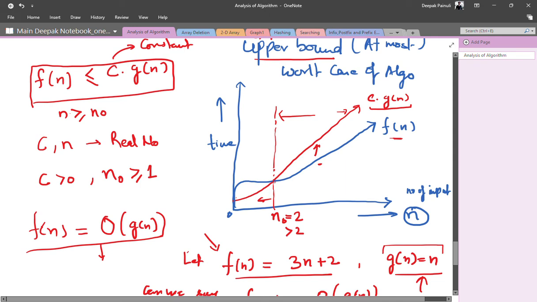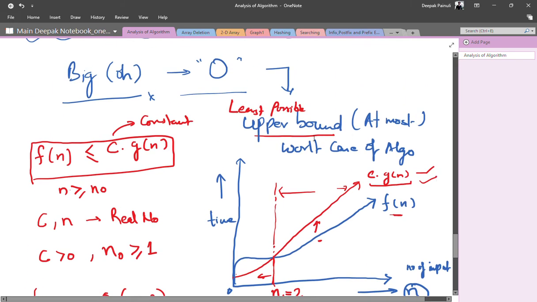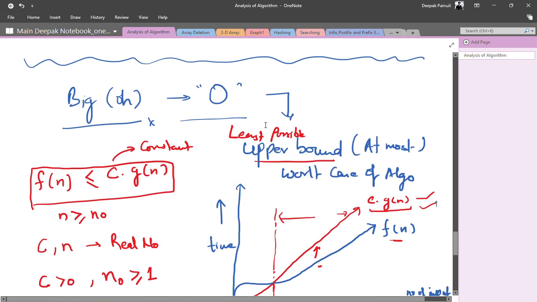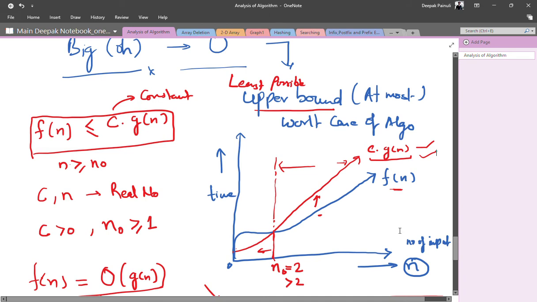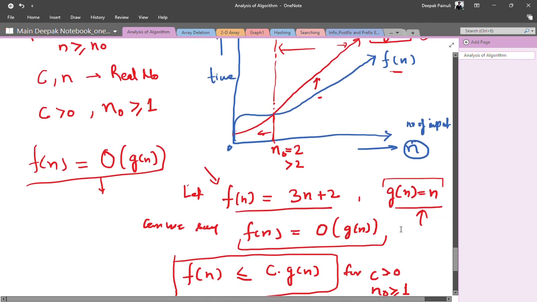So we need to find the minimum number of steps we need to satisfy these assumed functions to be true for big O notation, right guys? So what we mean to say is that if this is the case, we can say here that fn is big O of another function gn for n equal to or greater than 2 and c value of 4.